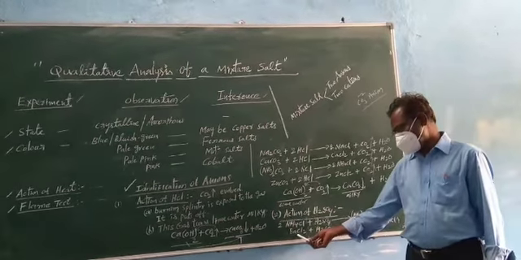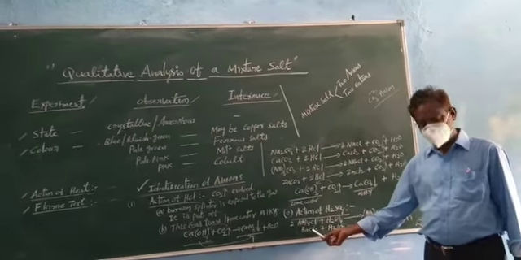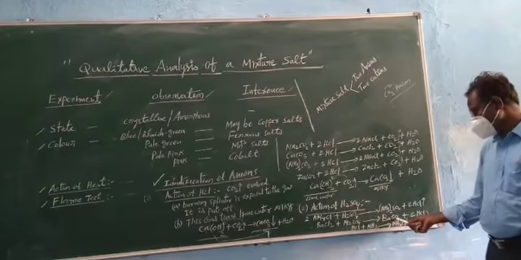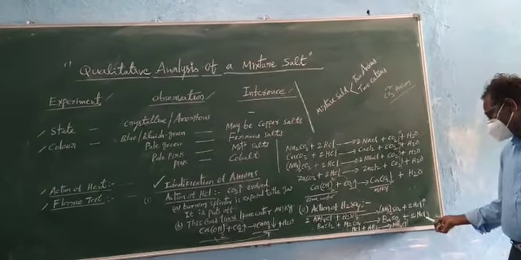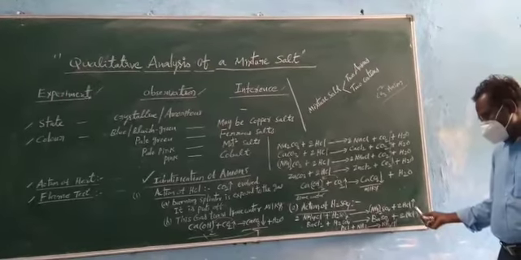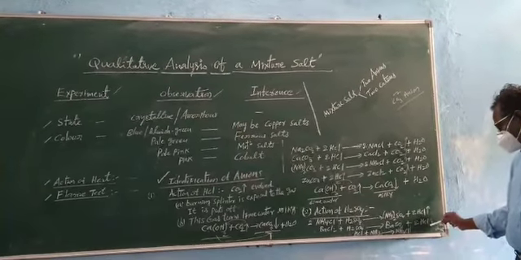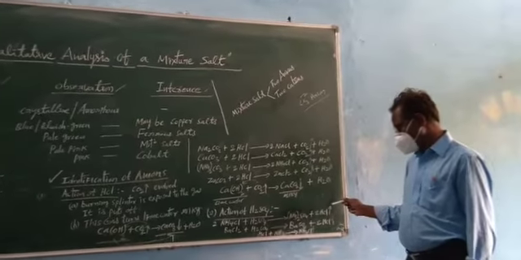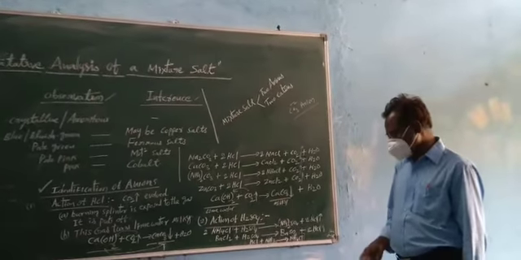Then barium chloride contains a chloride anion. Adding H2SO4, it forms barium sulfate plus hydrogen chloride gas. In this gas we expose a glass rod dipped in ammonium hydroxide solution.